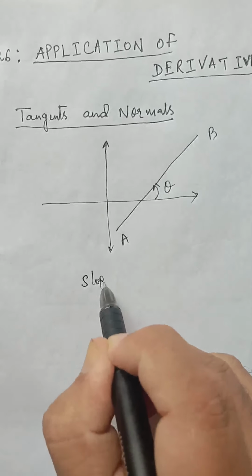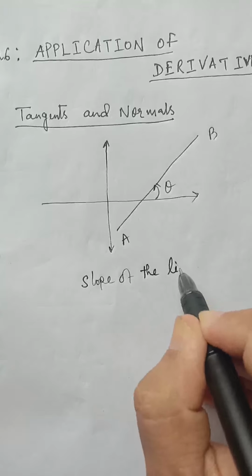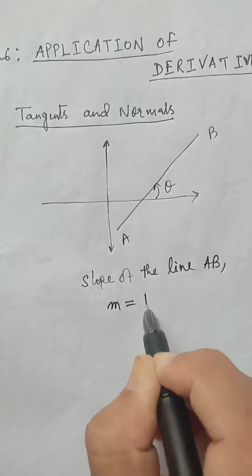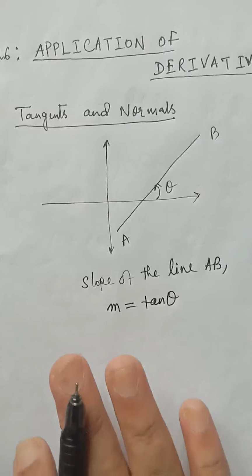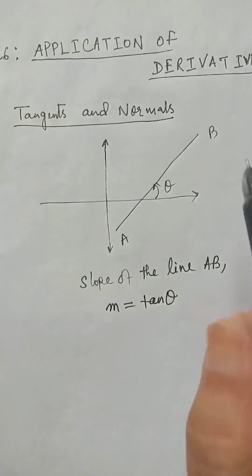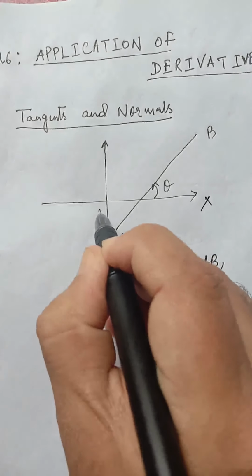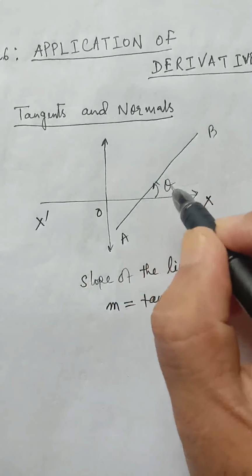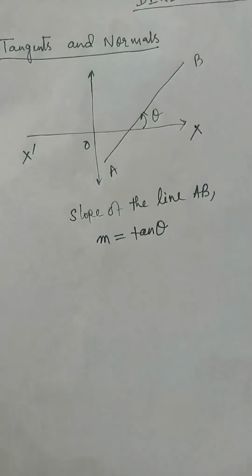Then the slope of the line AB, generally denoted by m, is tan theta. So the slope of a line is defined as the tangent of the angle made by the line with the positive direction of x-axis. Here the line AB makes an angle theta with x-axis and therefore its slope will be tan theta.